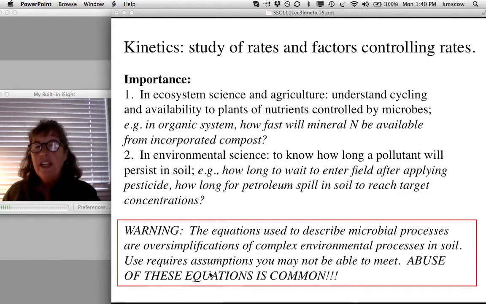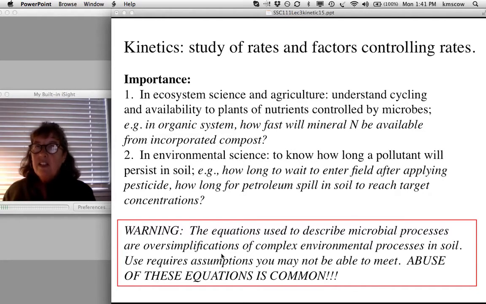But this warning I did not give to you yet, and I need to give it to you. Be forewarned that these equations that we use to describe microbial processes are way, way, way oversimplifications of what we know is much, much more complicated, especially in soil. So there's a number of assumptions that are required in using these simple kinetic expressions that were really developed for pure cultures in laboratories and flasks.